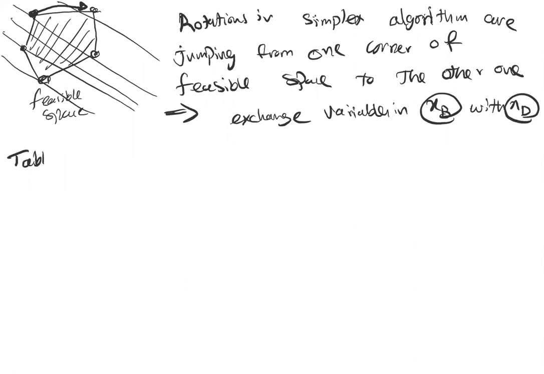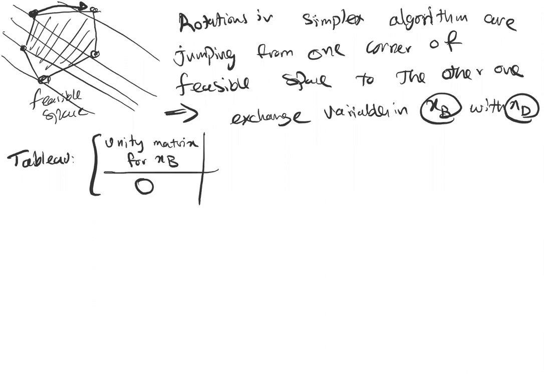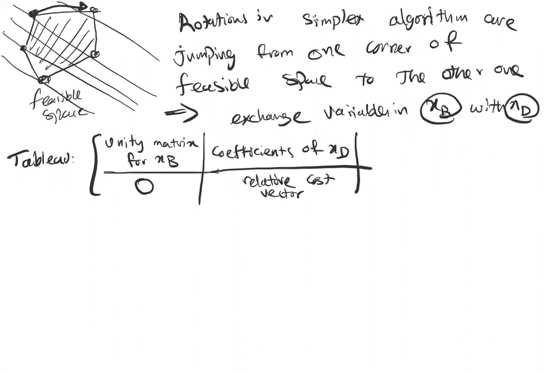I'm going to write the Tableau. This time I just want to explain it in a written way. So we have the unity matrix for xb. We have 0 here. We have the coefficients of xd, we have the relative cost vector, we have the base vector that refers to the xb's, and we have minus f of x here.